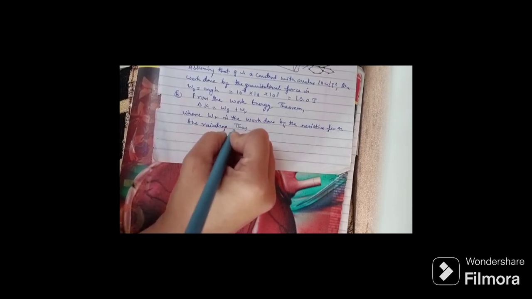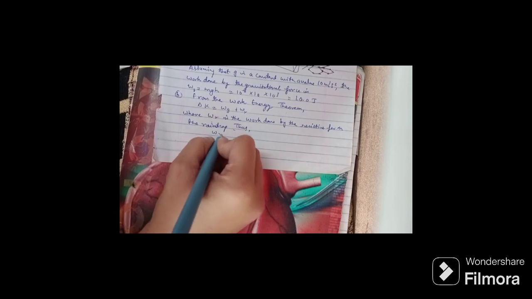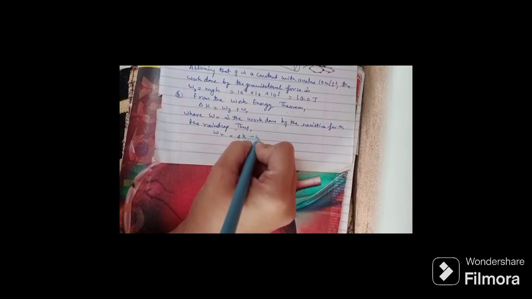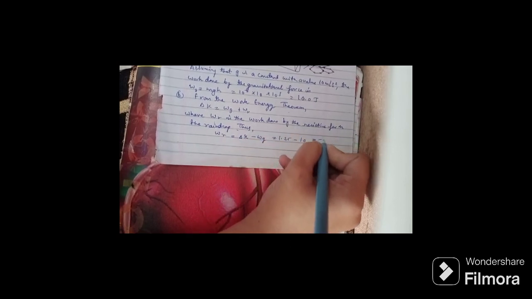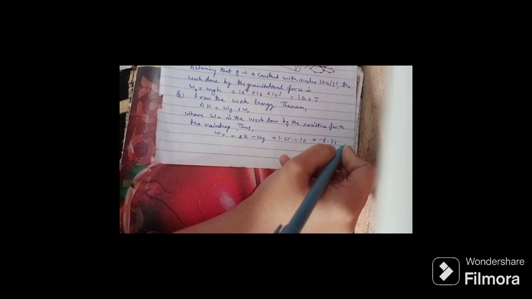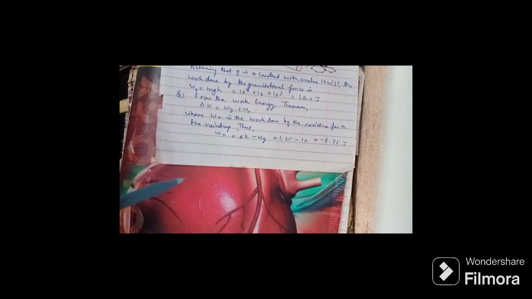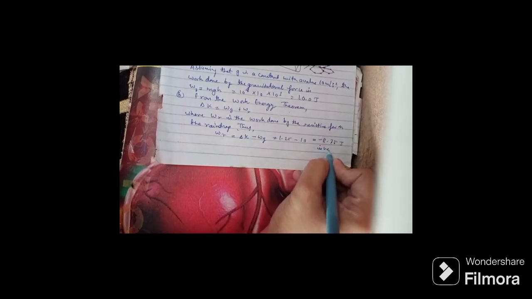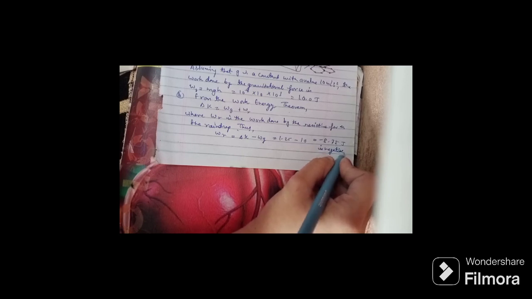Thus Wr equals delta K minus Wg, equals 1.25 minus 10, equals minus 8.75 joule. It is negative here.